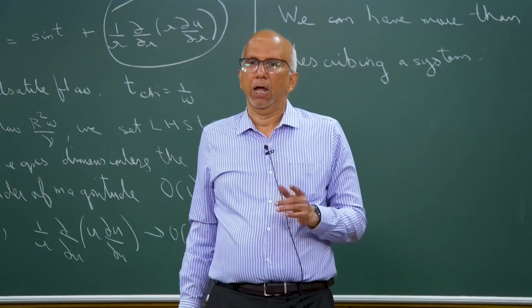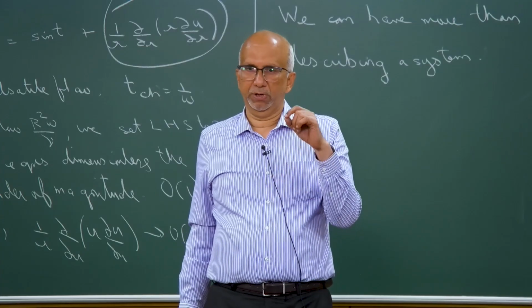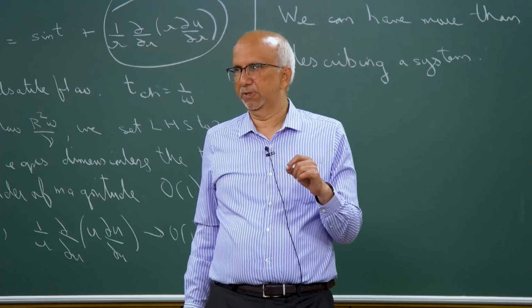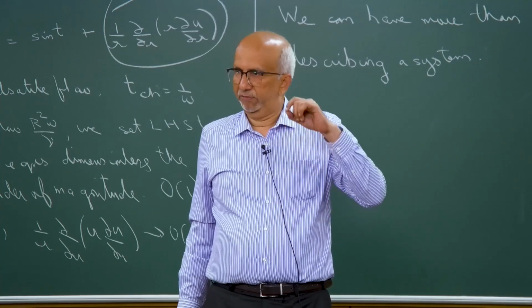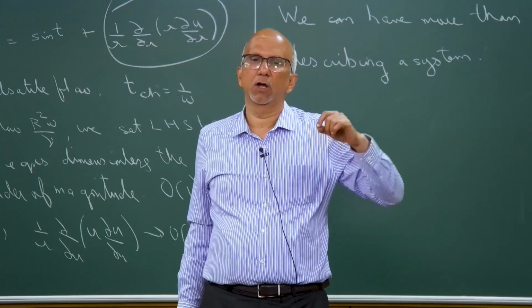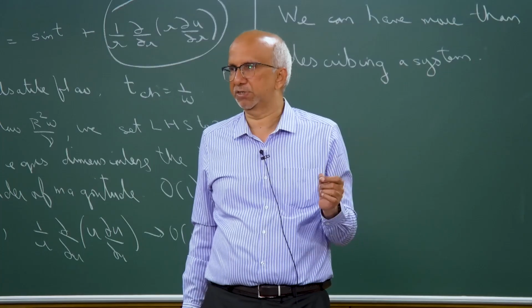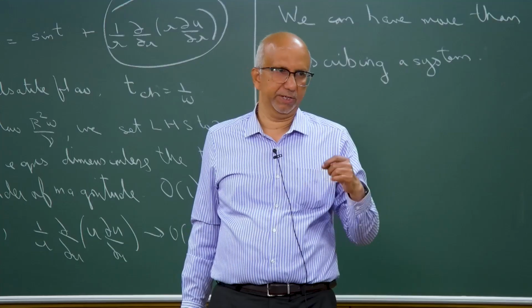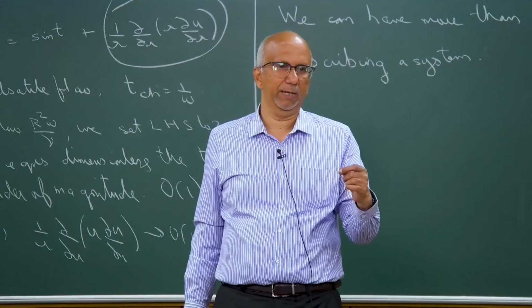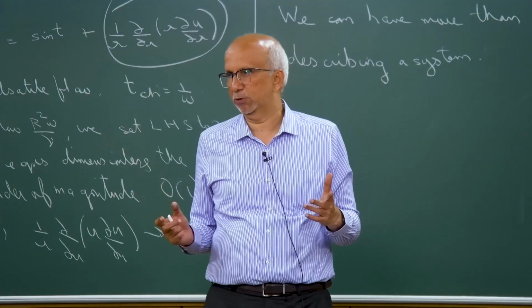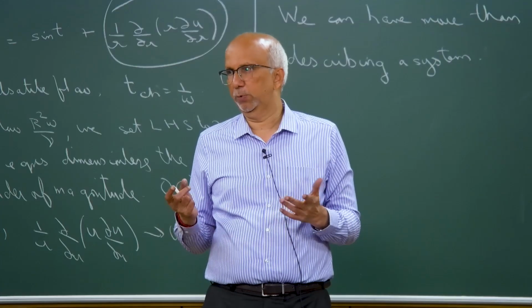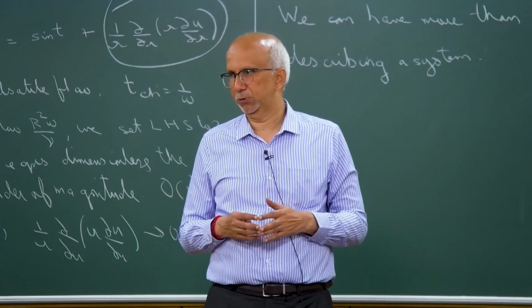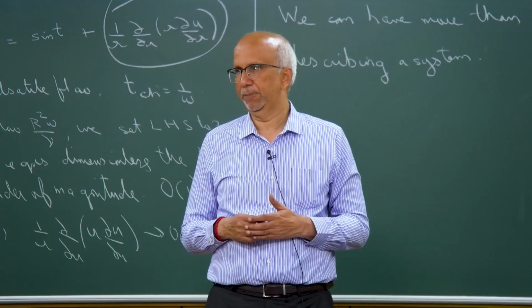When you are changing one of the dimensionless numbers, we are tacitly assuming that all the other dimensionless numbers are constant. When you are analyzing a problem, you will be studying the effect of one parameter at a time. You will not be varying 5 parameters and trying to study the effect. I mean, you can do it, but you won't understand what is happening. So you do one parameter at a time.